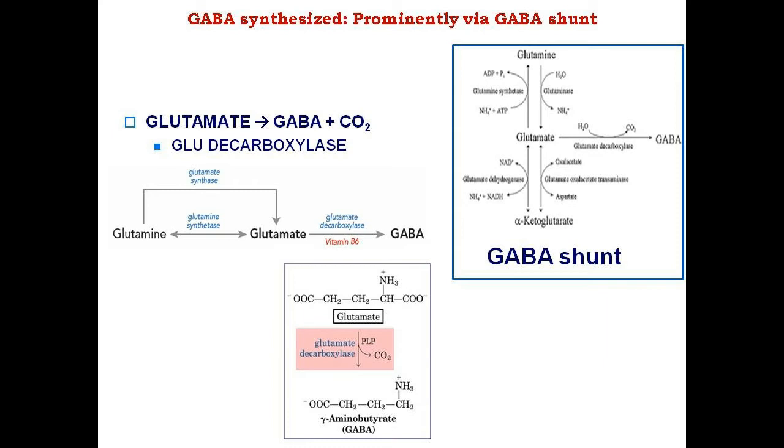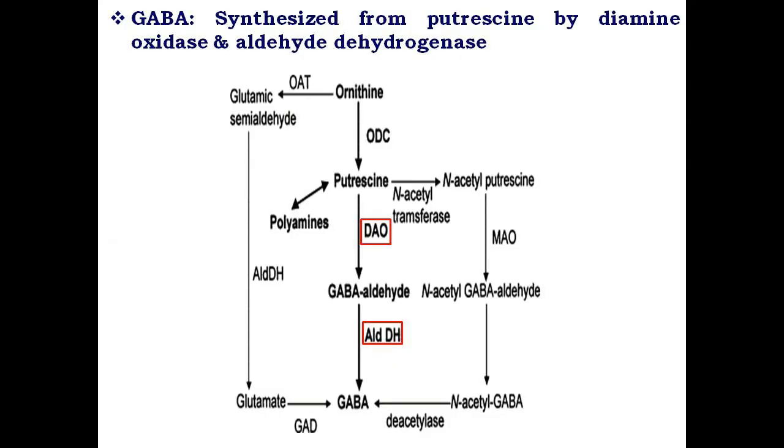So there is alpha decarboxylation of glutamate catalyzed by glutamate decarboxylase, resulting in formation of GABA or gamma aminobutyric acid. And PLP, or pyridoxal phosphate, functions as a cofactor for glutamate decarboxylase. Another minor GABA biosynthetic pathway starts from putrescine, which is generated from ornithine.